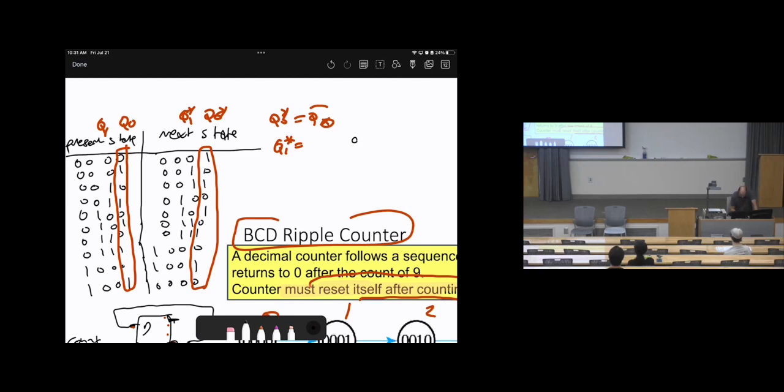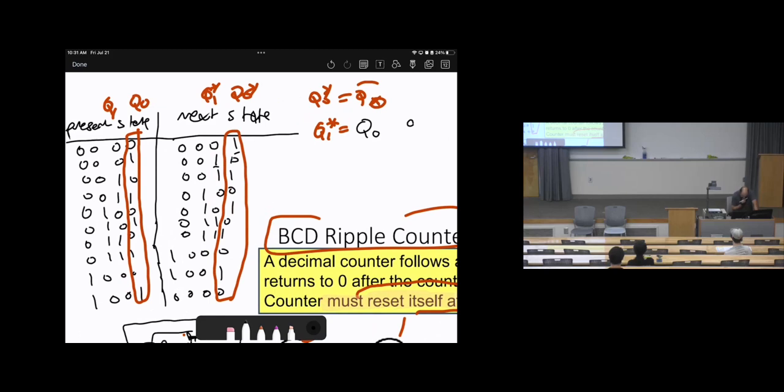It will be when Q1 equals 1, when Q0 will be equal to Q0. And what else? Here, if it's 1, 1, 0, it will remain 1. Okay, let me look at it here in this one.